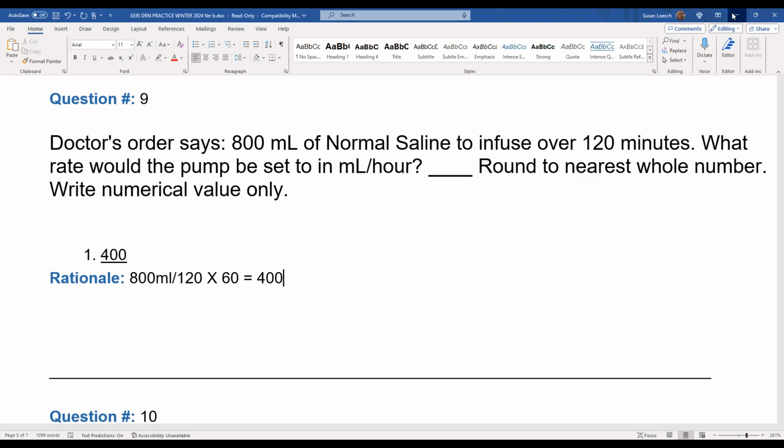So if there's an error on the question, like if I tell you to round it to the nearest whole number and it should be the nearest tenth, you're not going to get marked wrong for that. But if it tells you to round it to the nearest tenth and it's already in the nearest tenth, you're not going to change it. If it tells you to round it to the nearest whole number and you end up with a whole number, you're not going to round it or change it.